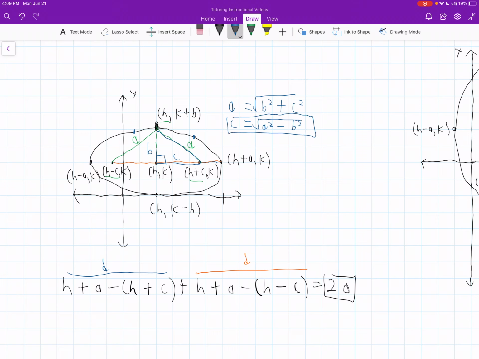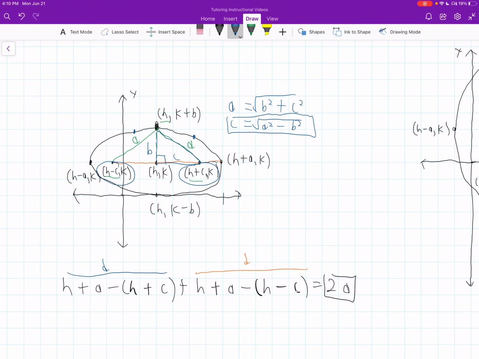So that's a direct formula for calculating c. Given an equation for an ellipse, we know what a and b are, we can easily find c, and we also easily know h and k from the equation of an ellipse. So that gives us the two coordinates for the foci points.